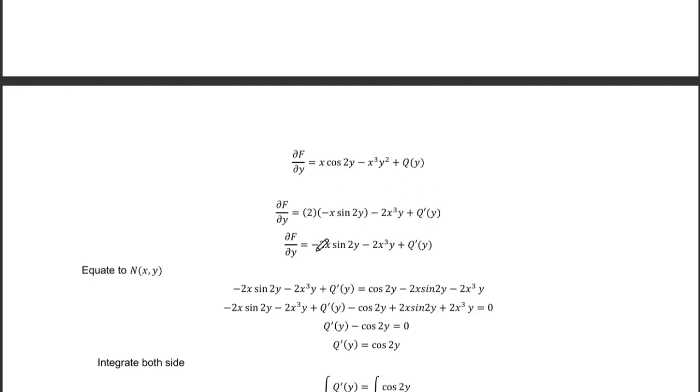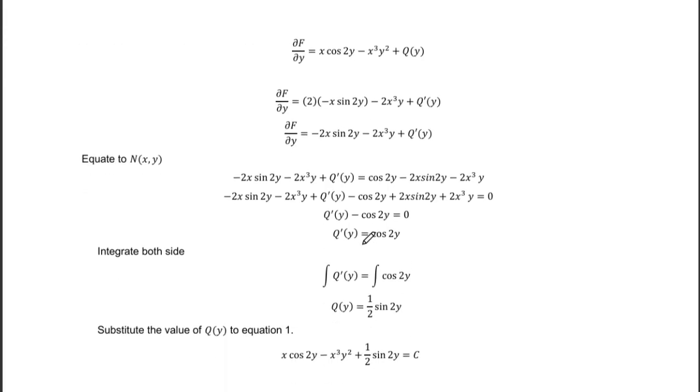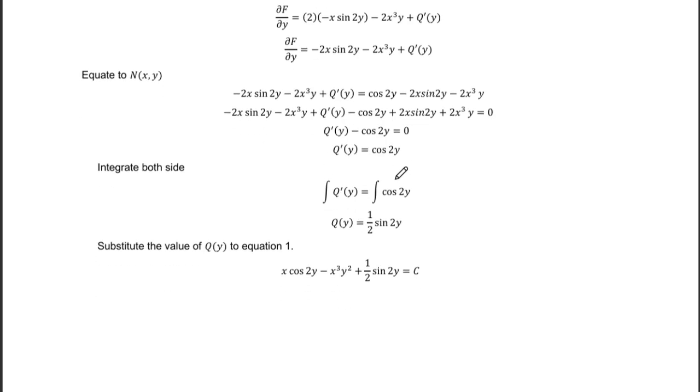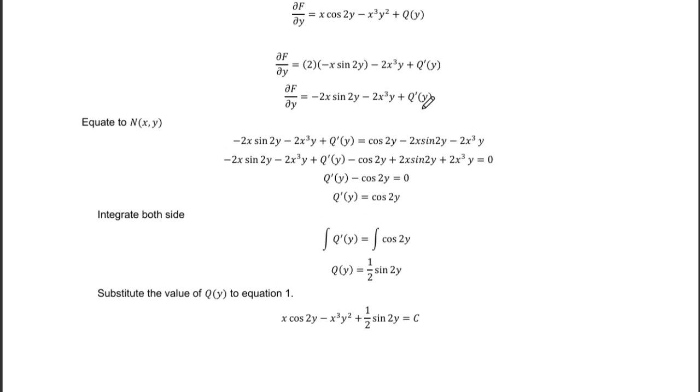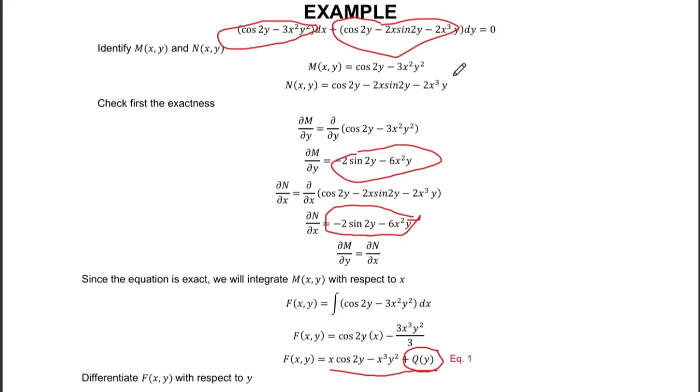Simplifying, we have negative 2x sine 2y minus 2x cubed y plus q prime of y. Next is to equate this function to the equation of N.